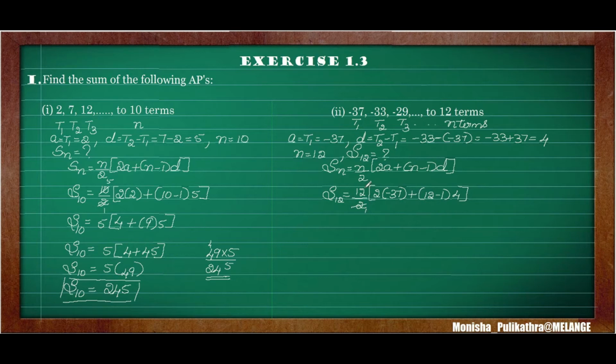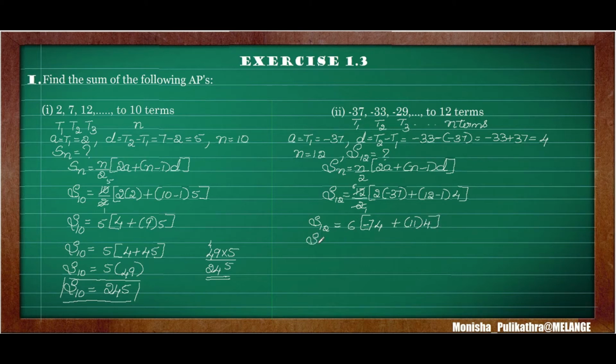Here 12 ones are 12, 6 twos are 12. So S12 is equal to 6 into 2 into minus 37. So 2 sevens are 14, 1 carry, 2 threes are 6 and 7. Here it is minus, so you have to retain that minus sign. Plus 12 minus 1 is 11 into 4.